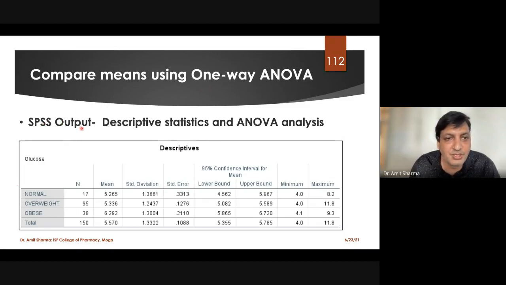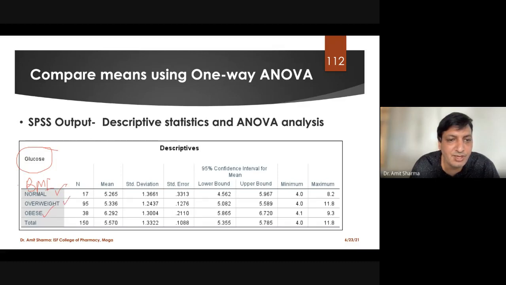This is the output sheet of SPSS which we have applied, and you can see that we have the data of plasma glucose level between 3 different groups of BMI: normal, overweight, and obese.